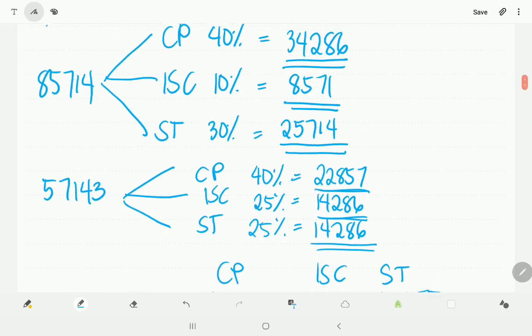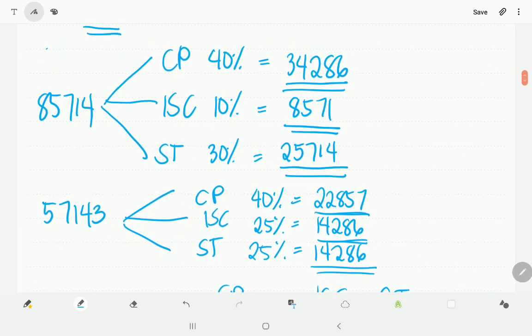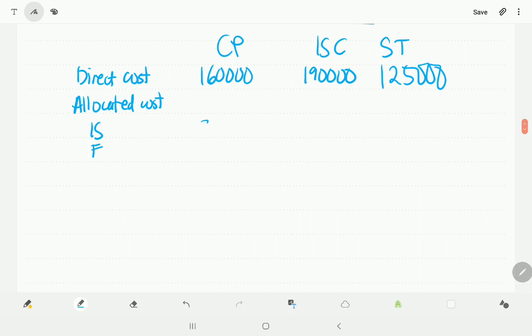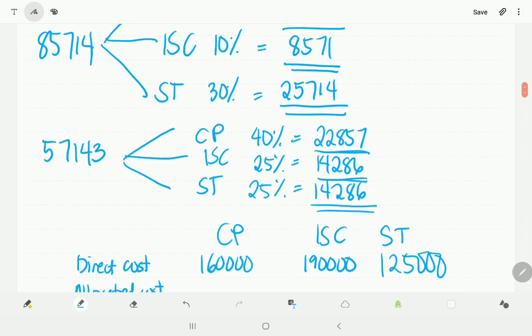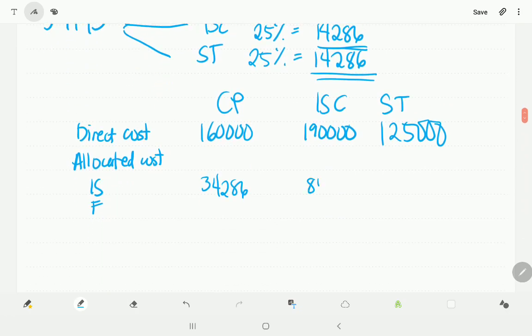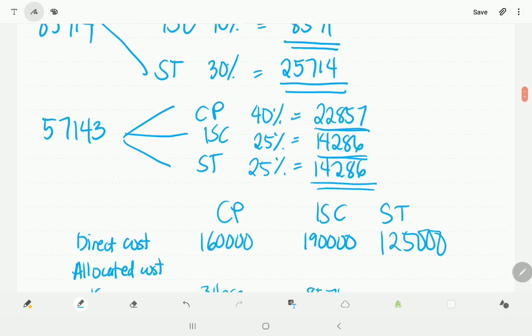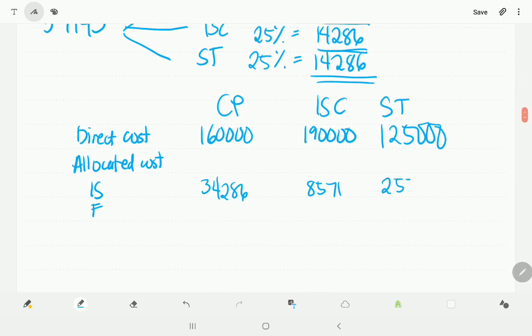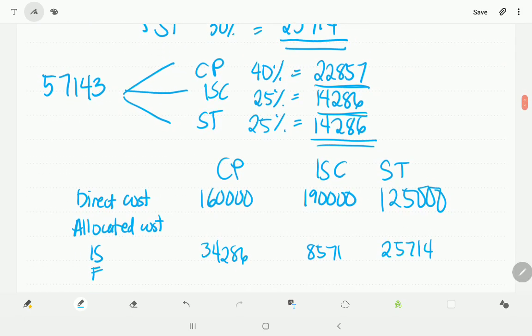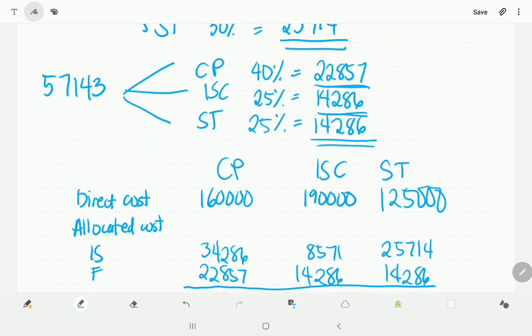For the Information Systems Department, we have 34,286, 8,571, and 25,714. For the Facilities Department, we have 22,857, 14,286, and 14,286 respectively.